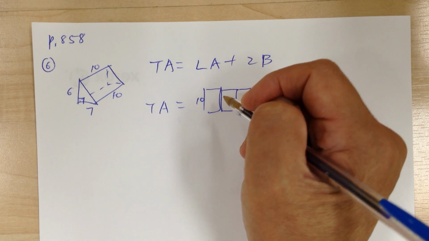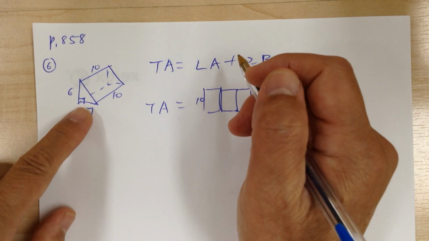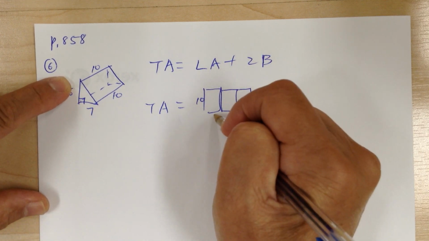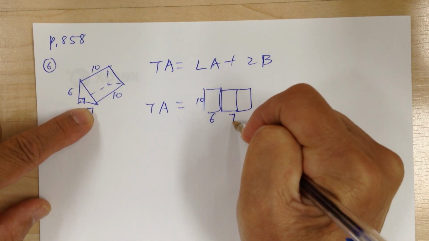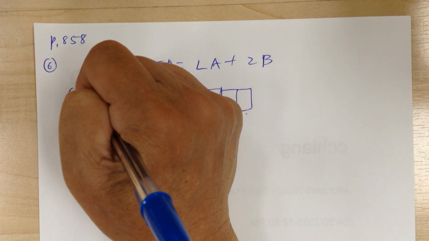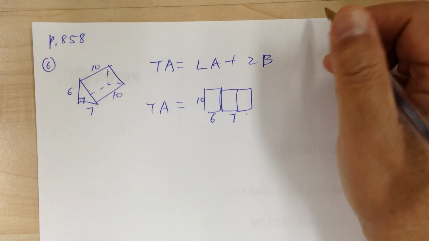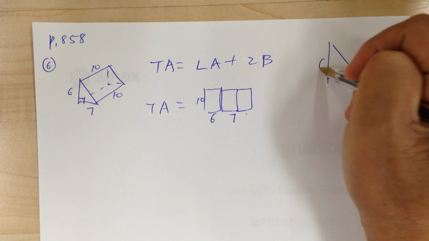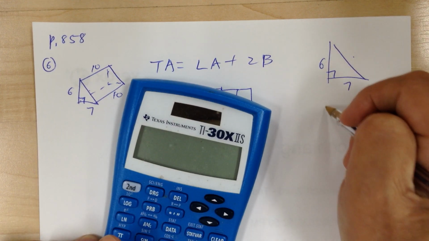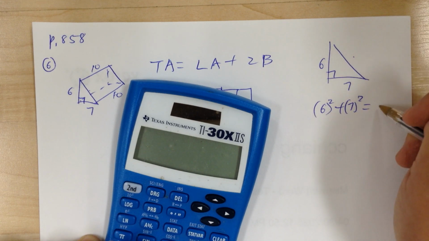If you use the Pythagorean theorem, so this one, if you open this would be 6, this would be 7, and this panel you don't know, but you can use the Pythagorean theorem to find it, right? So go off to the side. Okay, so 6, 7. So you're going to get a squared plus b squared equal to c squared.